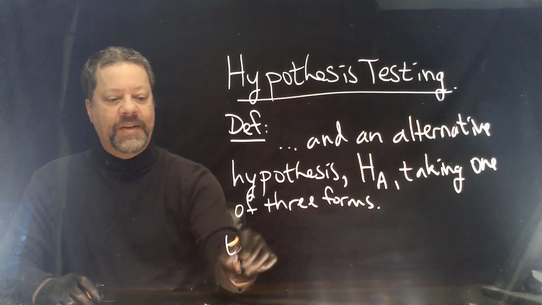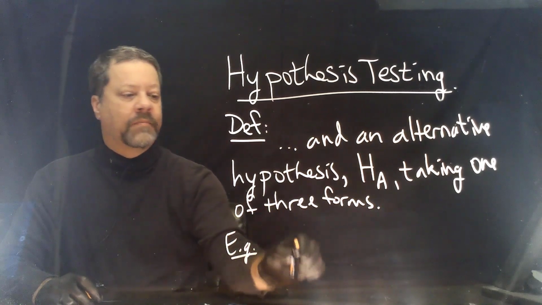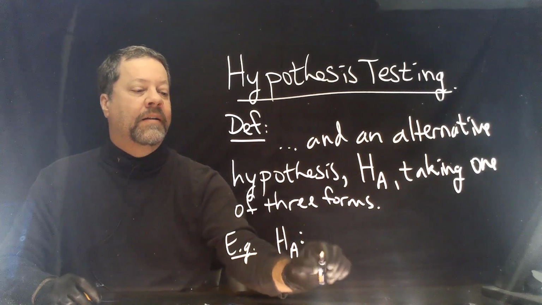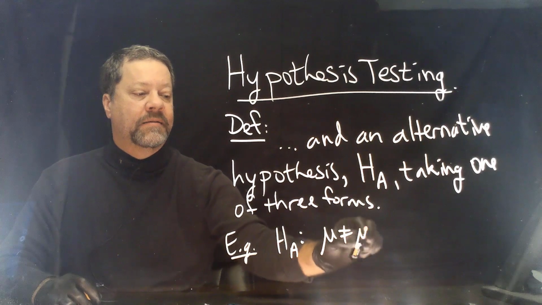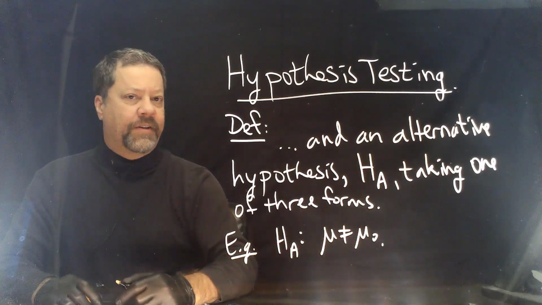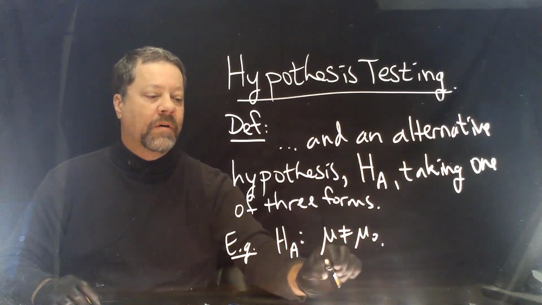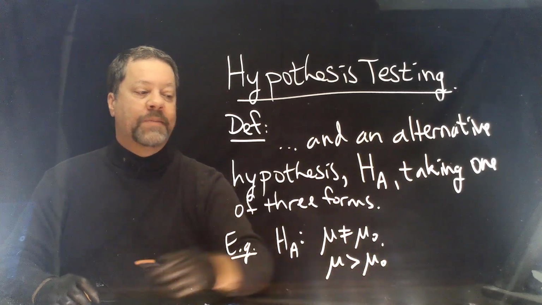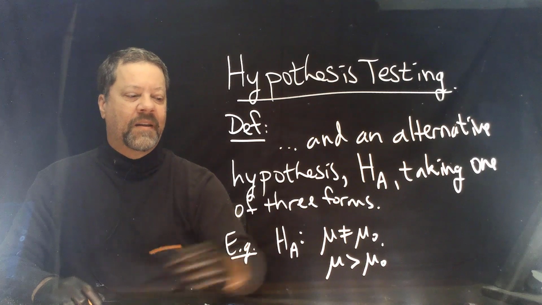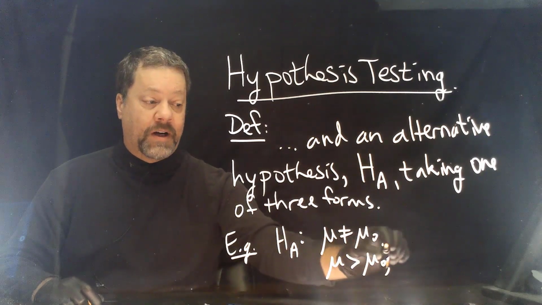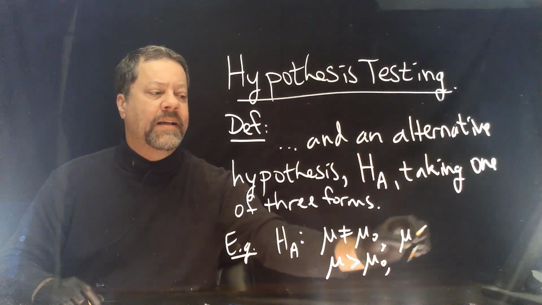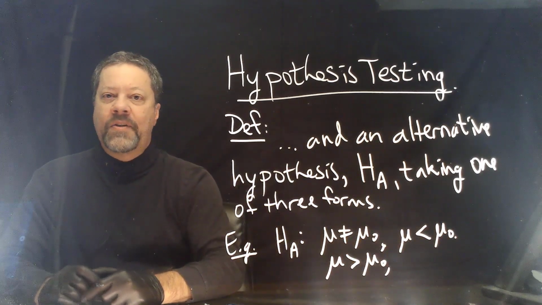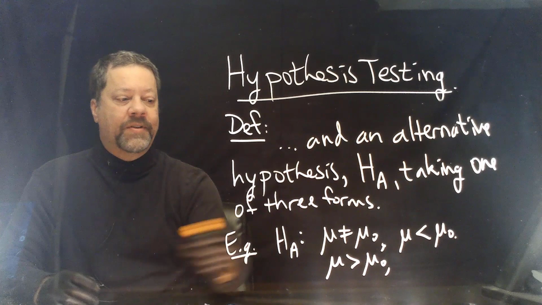Let me give you some examples. The alternative hypothesis might be that the mean is not the specified value, or that the mean is strictly greater than the specified value. And only one other option, the mean is less than the specified value. So the alternative hypothesis will have one of these three forms.